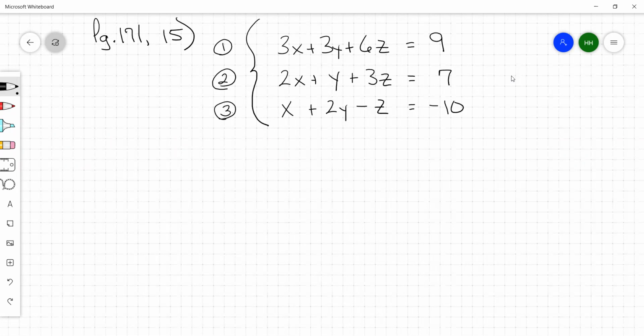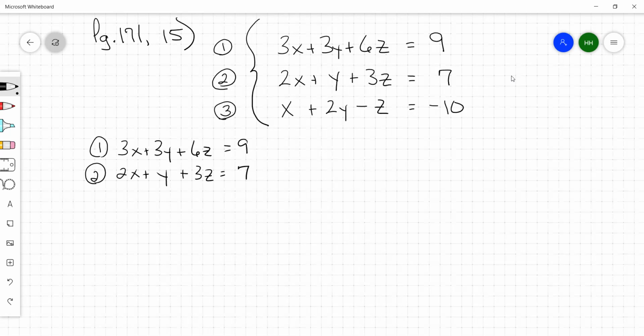So I'm going to pair up 1 and 2, and I'm going to pair up 2 and 3. Just for simplicity, because that'll always work. So if I take equation 1, 3x plus 3y plus 6z equals 9, and I take equation 2, 2x plus y plus 3z equals 7.